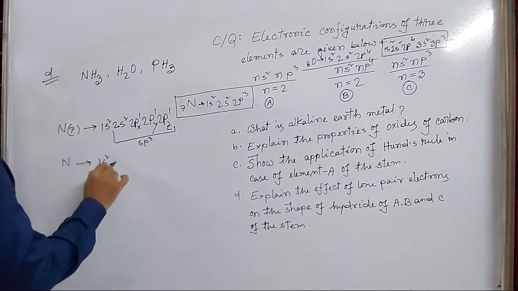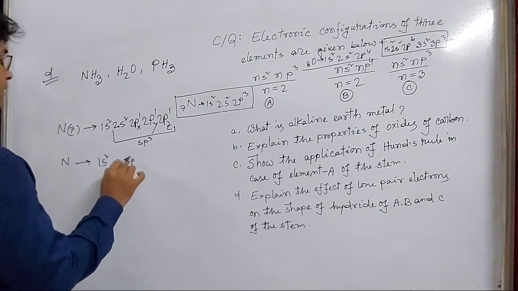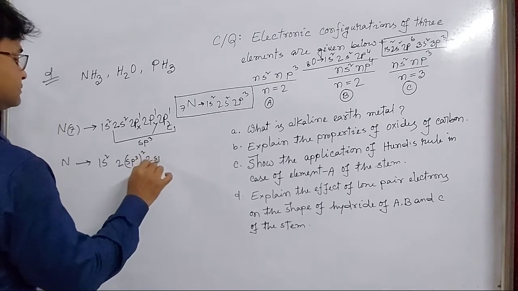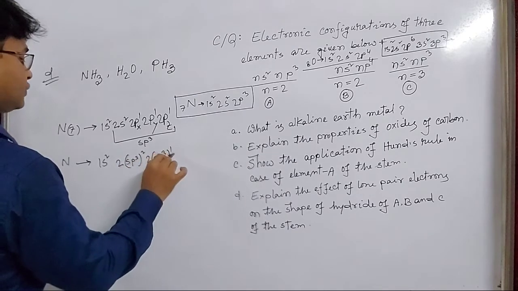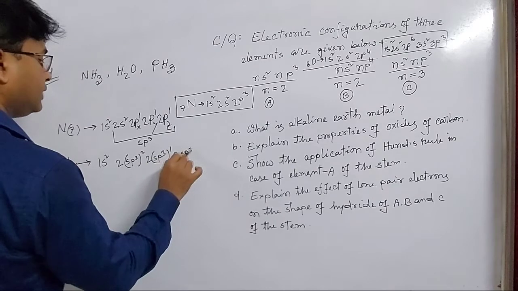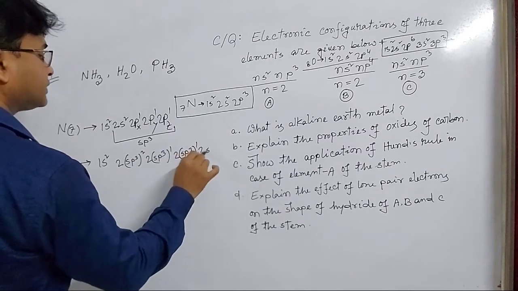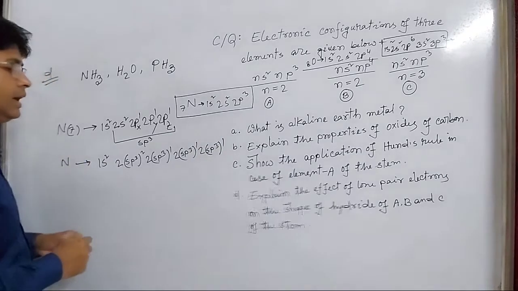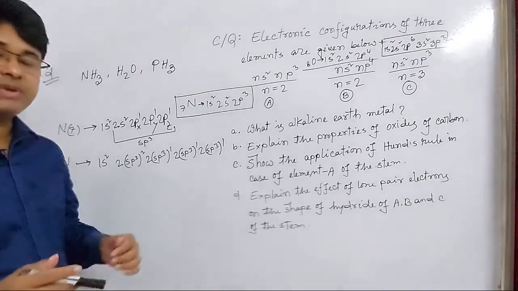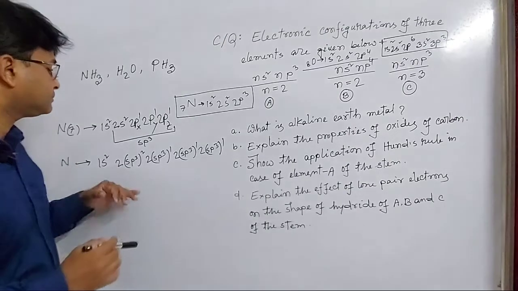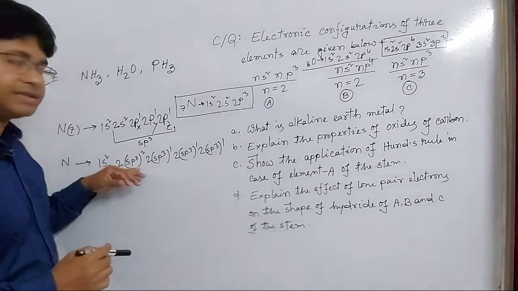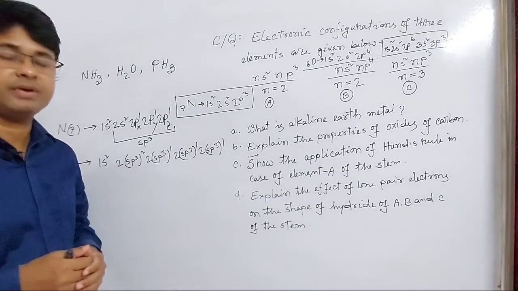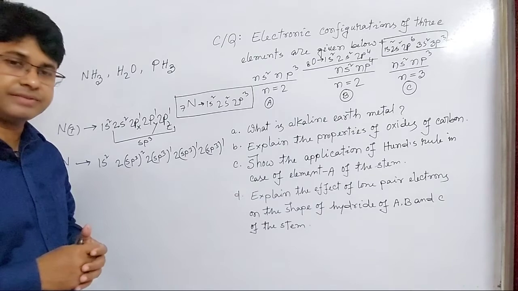So I can write here, in the hybrid state, sp3-1, 2 sp3-1 and 2 sp3-1. Among 4 sp3 hybrid orbitals, one sp3 hybrid orbital contains 2 electrons and the other 3 sp3 hybrid orbitals contain 1 electron each.